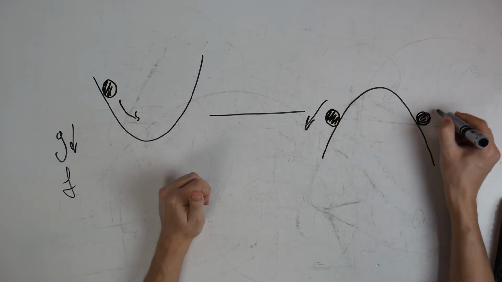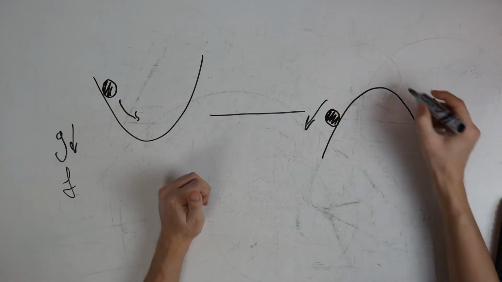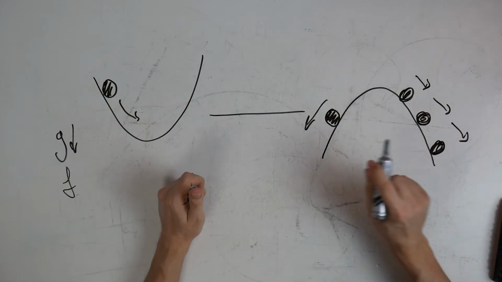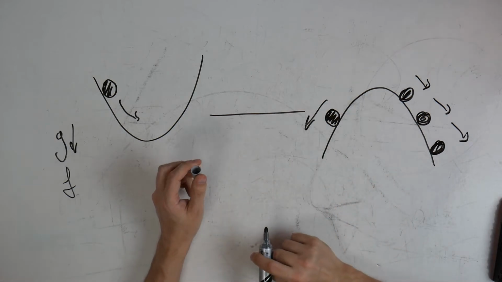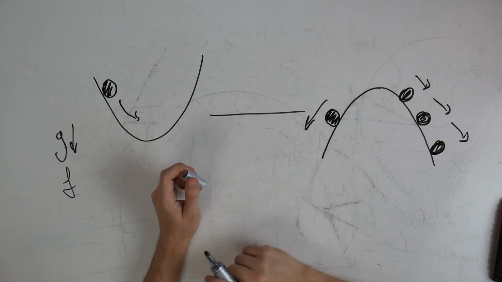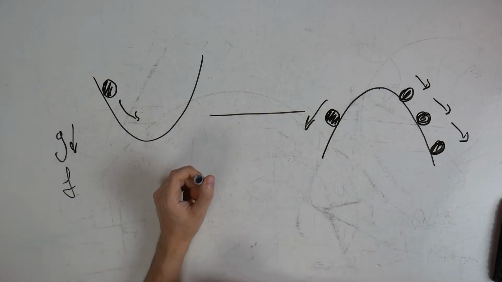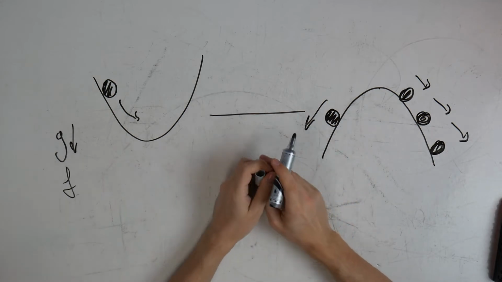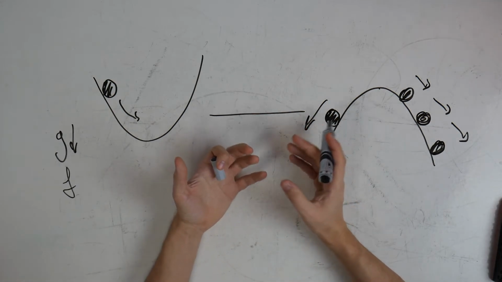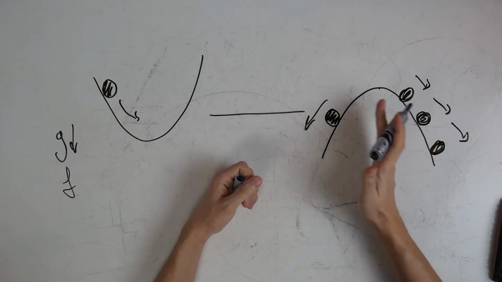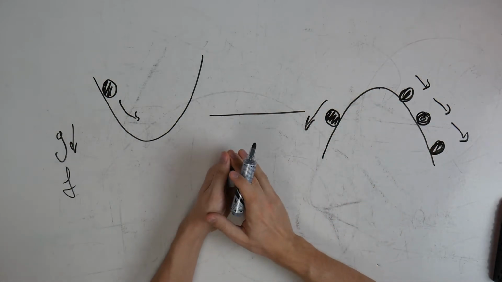It doesn't really matter where you start, except for one special point, the very top of the hill. If you start at the very top, you are in an equilibrium. A highly unstable one, of course, but it doesn't matter how unstable it is right now. It is unstable, but it is an equilibrium.